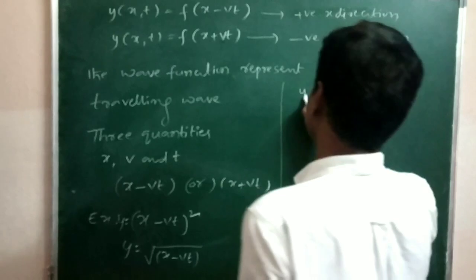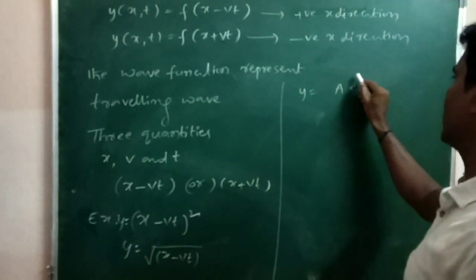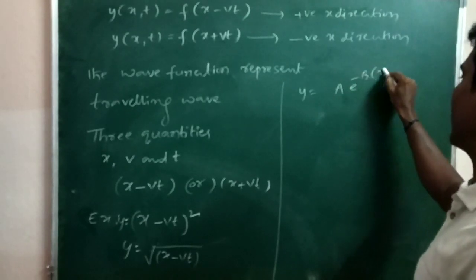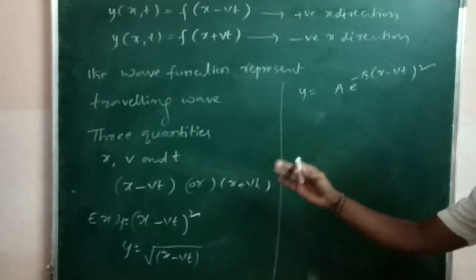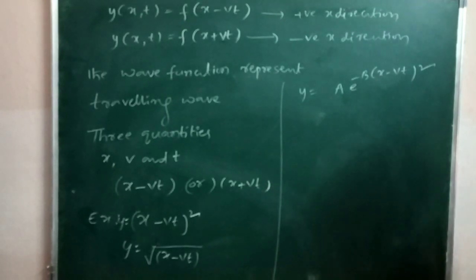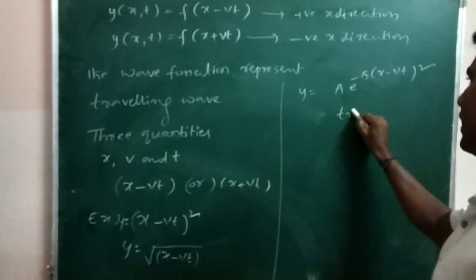And next, y equals a e to the power of minus b of x minus vt whole square. All of these represent traveling waves.